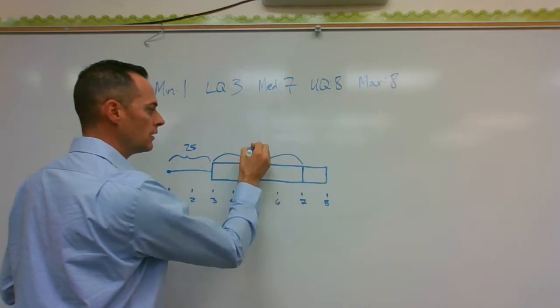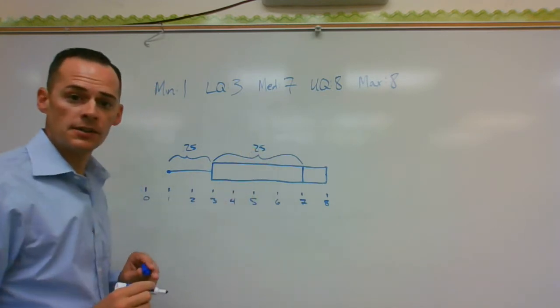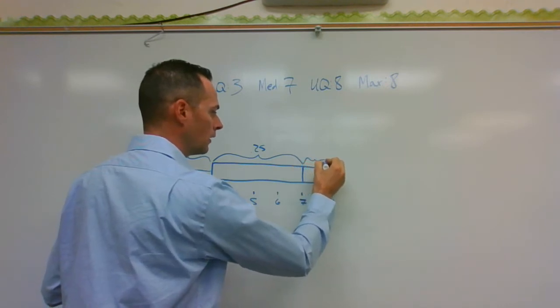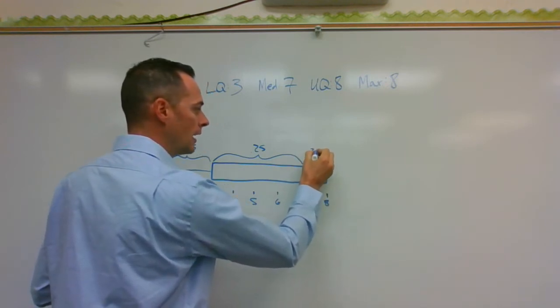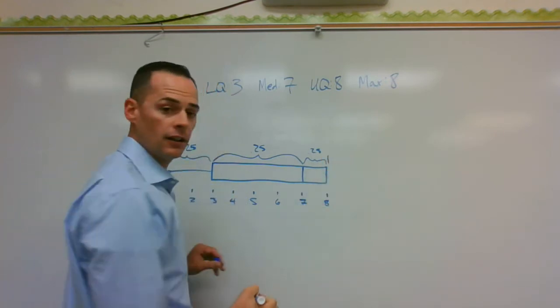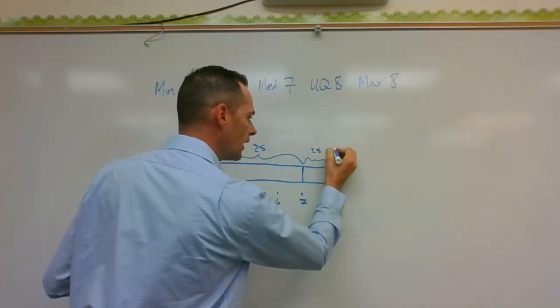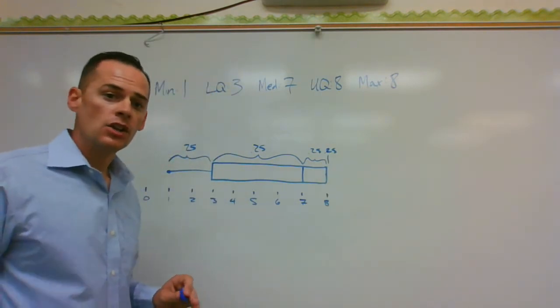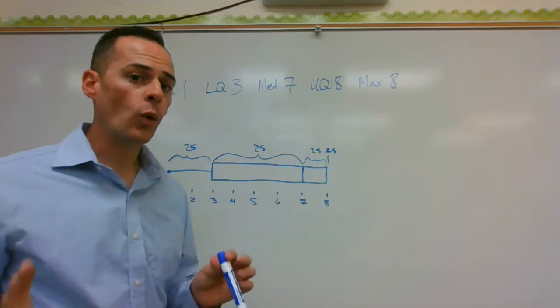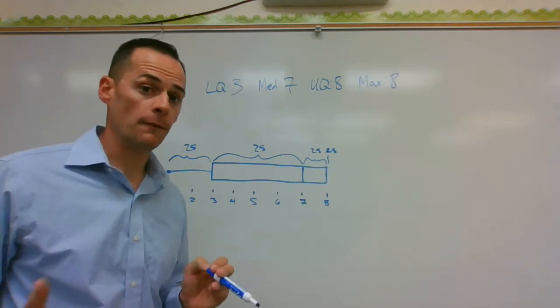This right here is 25% of our information. This right here is 25% of our information. And this right here is 25% of our information. So when you think of quartile, kind of think of quartile and quarter, 1/4 of our information.